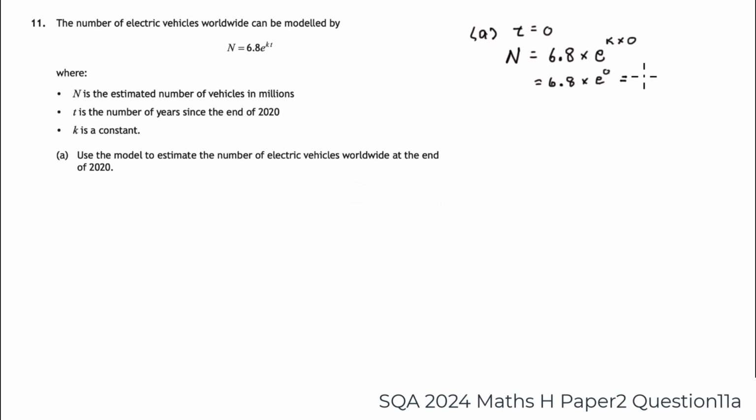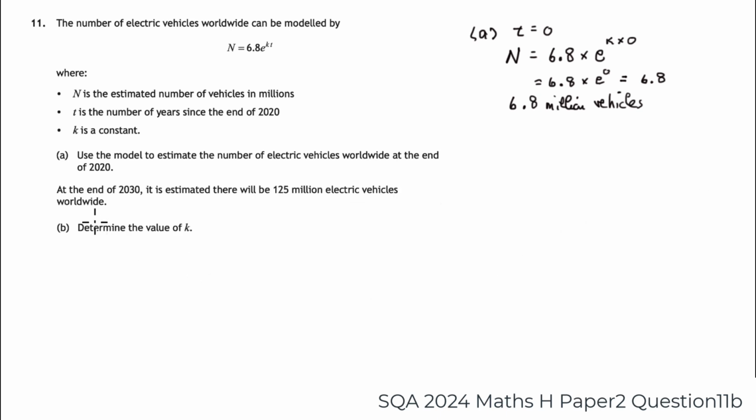So that's 6.8 times 1, which is just 6.8. So the number of vehicles will be 6.8 million vehicles. So that's part A. Let's move on to part B.